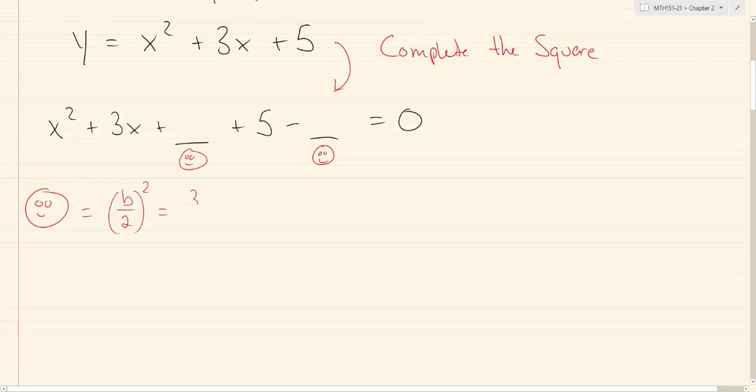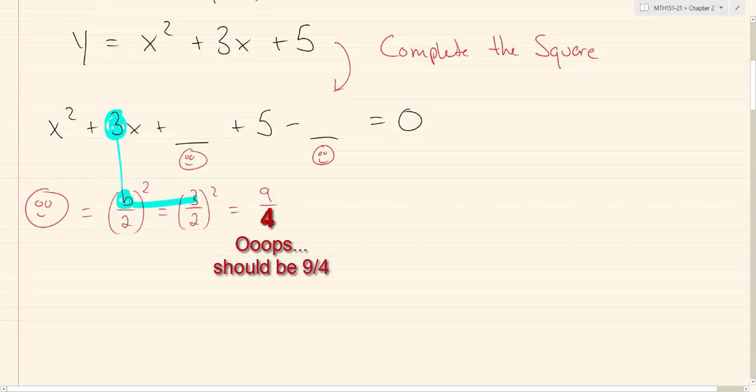So that's going to be 3 divided by 2 squared, which is 9/4. And the 3 comes from right here. That's b. So now we're going to take 9/4 and we're going to add it, and then we're going to subtract it. So we're going to say plus 9/4 and minus 9/4.